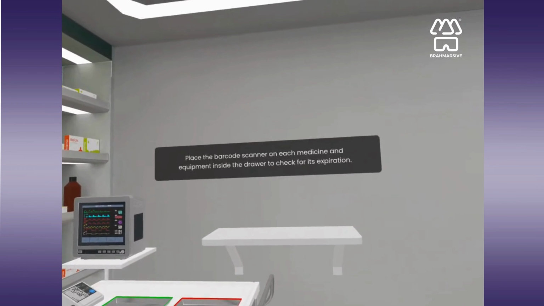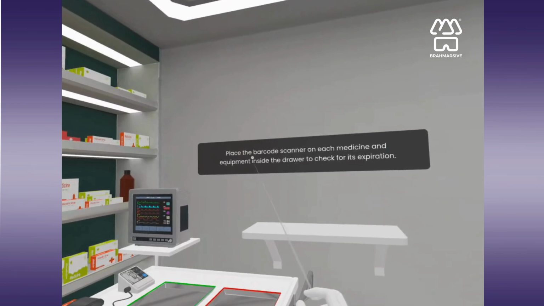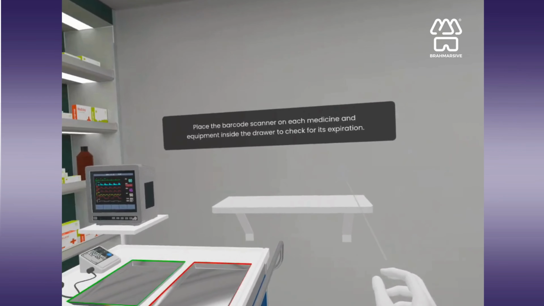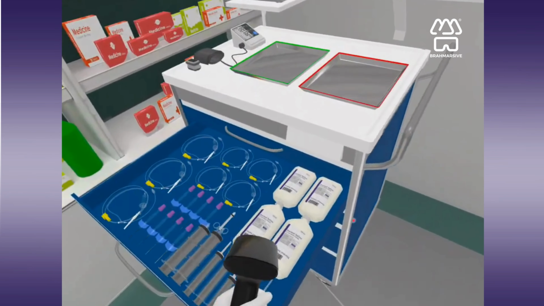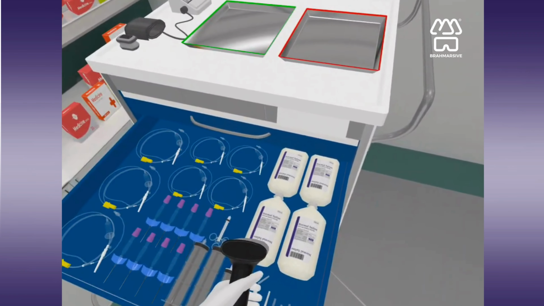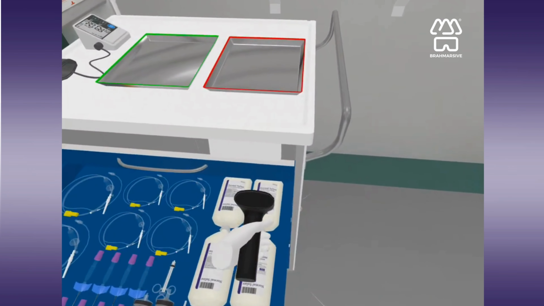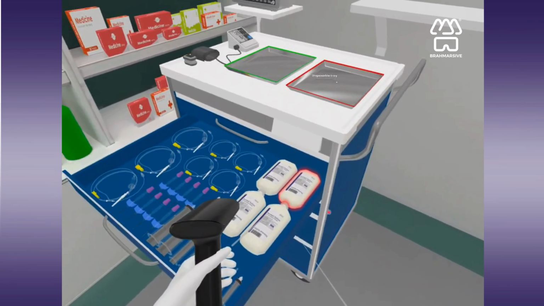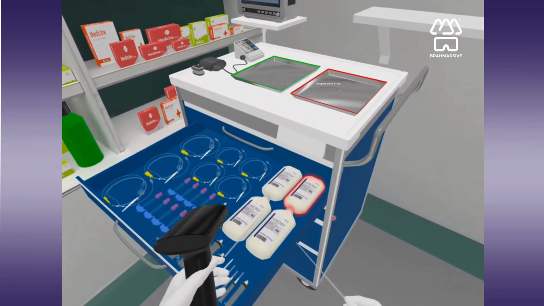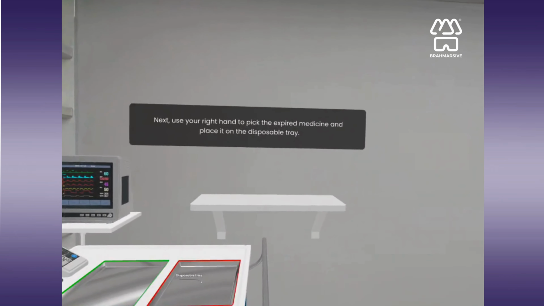Now, place the barcode scanner on each medicine and equipment inside the drawer to check for its expiration. Next, use your right hand to pick the expired medicine and place it on the disposable tray.